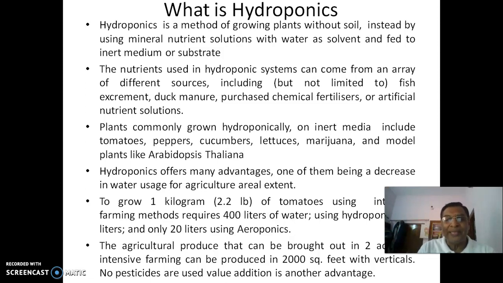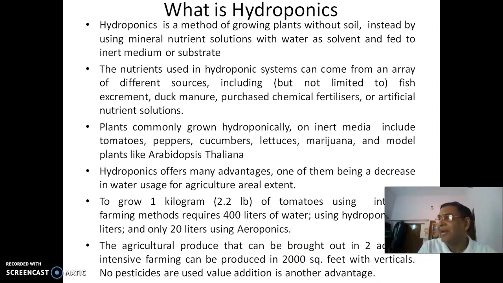So that is why in highly water scarce areas, even though there is an initial investment, this water is highly saved. Another thing is, the agricultural produce that is brought out of 2 acres in intensive farming can be produced in 2000 square feet, just like in your flat.